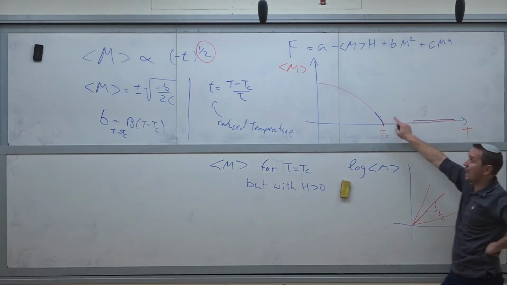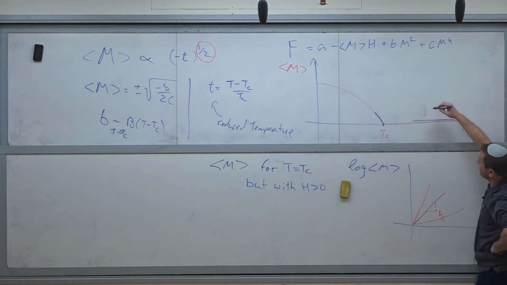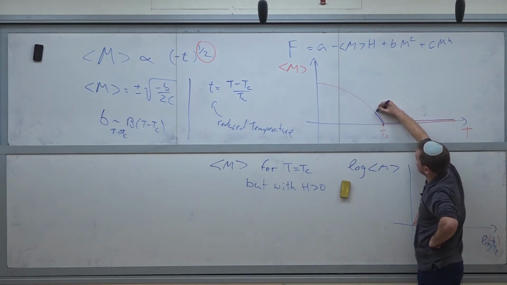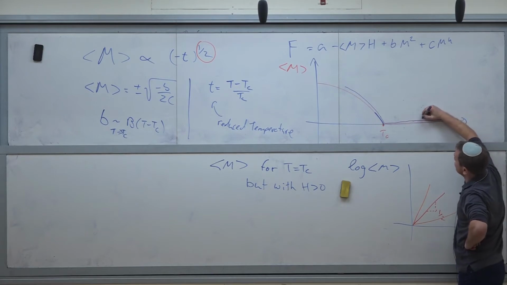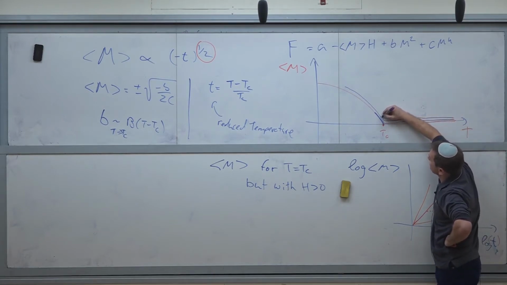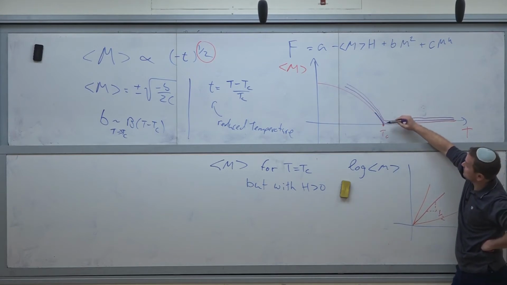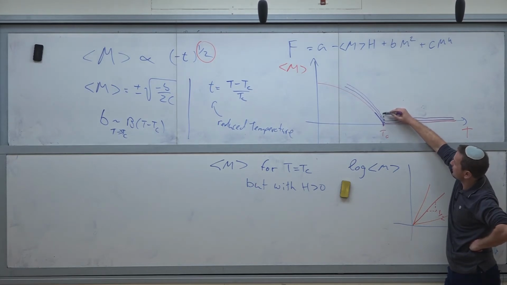That means that on average we will start to see some mean value for our magnetization, and then it will go somewhat like this. We can increase our temperature a little bit more, the mean value will rise a little bit more, and we will see something like this. Now we can measure the average magnetization exactly at the critical temperature as a function of growing external field.